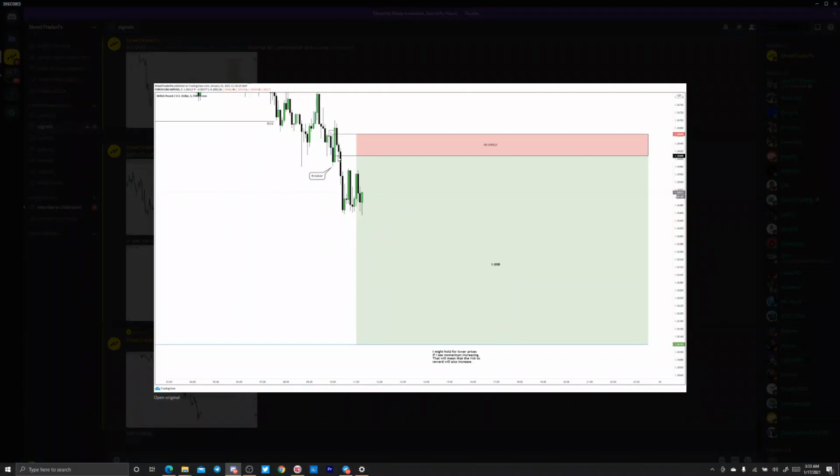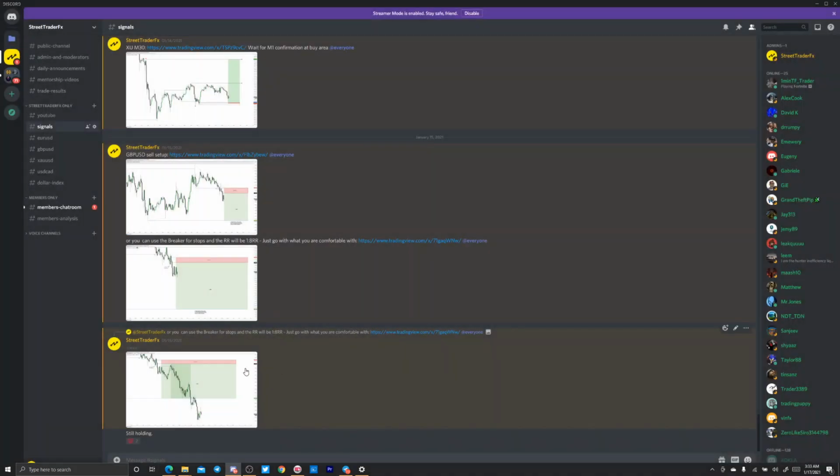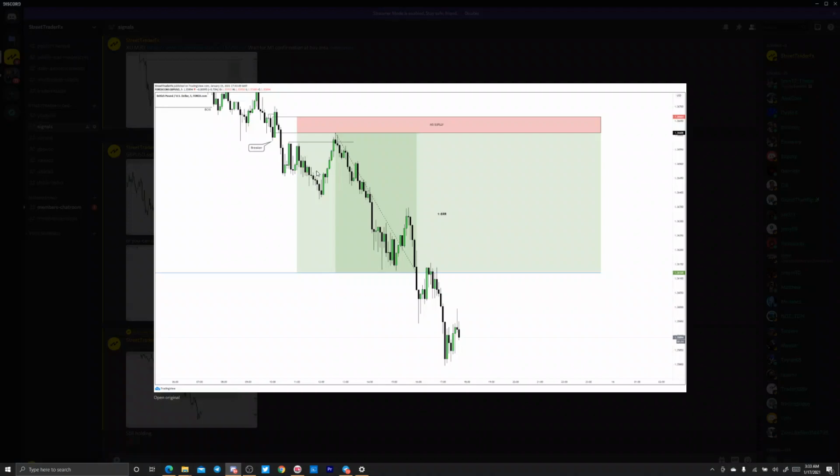You can see the area that I marked out for entry, and the stop loss was based on the breaker, as you can see. So I hope it makes sense now when you're looking at the chart, because you can see it was a really clean trade. Still holding for lower prices based on the higher time frame though.